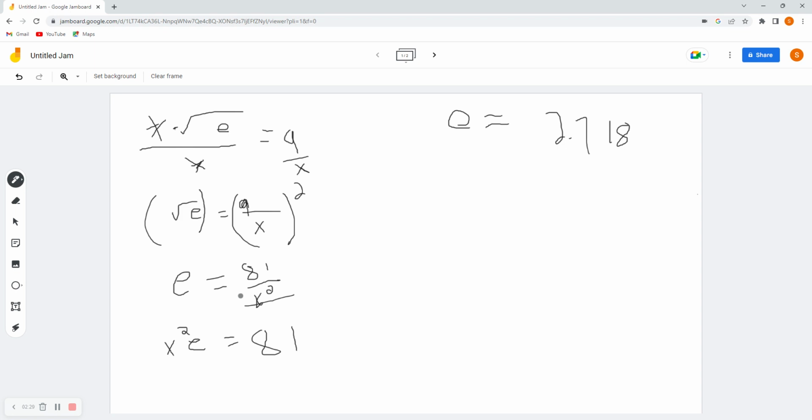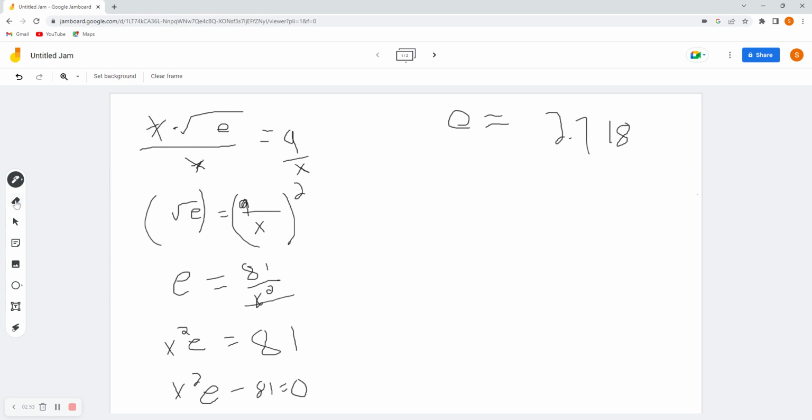Then we multiply by x squared on both sides to get rid of this, and we get x squared e is equal to 81. Now all we have to do is put the 81 on this side, so you get x squared e minus 81 is equal to 0.